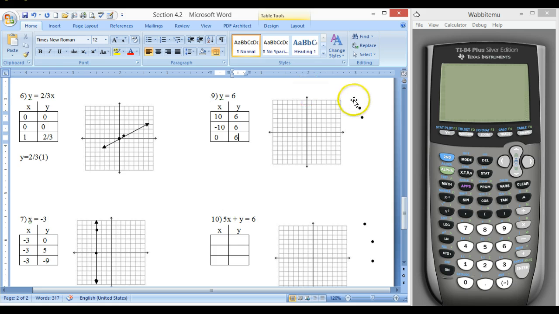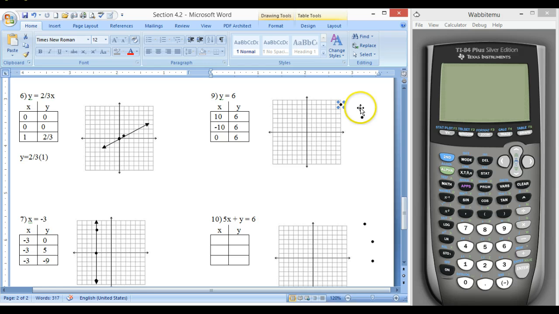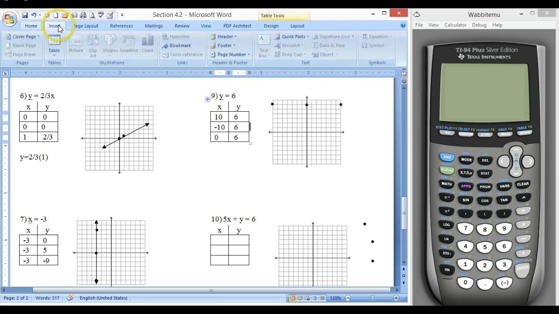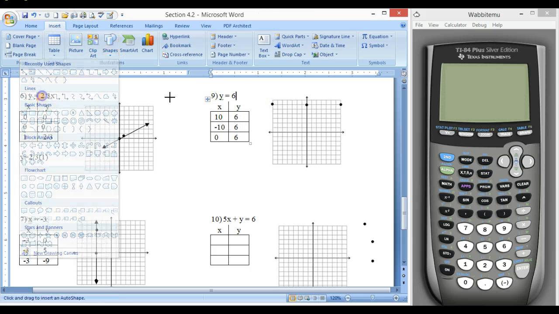So I'm going to take my points, 10 and 6. 1, 2, 3, 4, 1, 2, 3, 4, 5, 6. Negative 10 and 6. I thought that went to 10, not to 7. And 0, 6. There we go. And then we insert our line straight across.